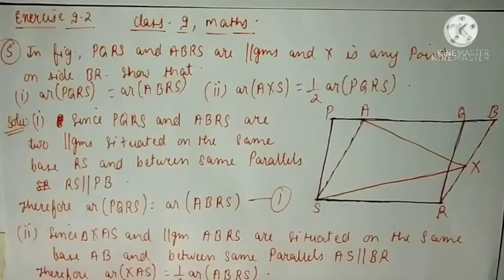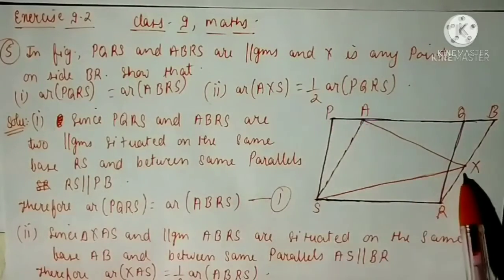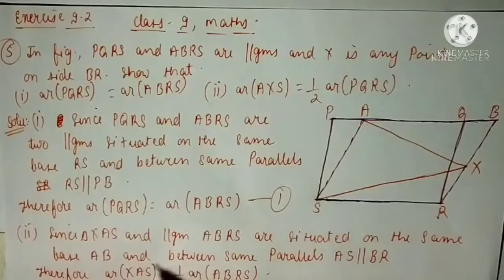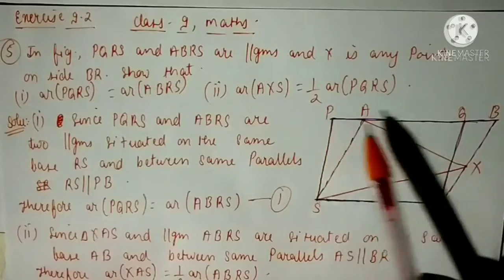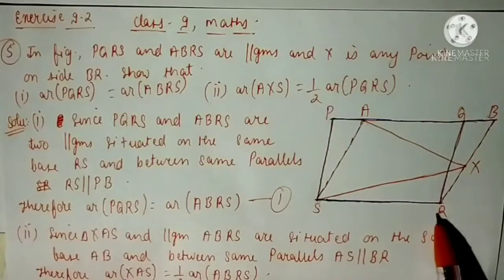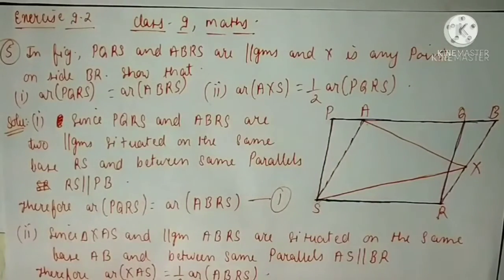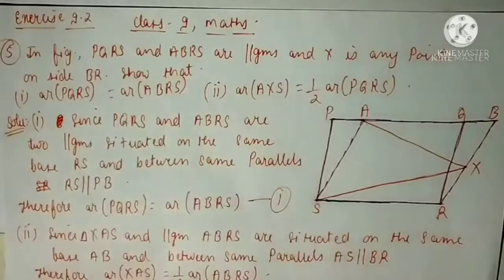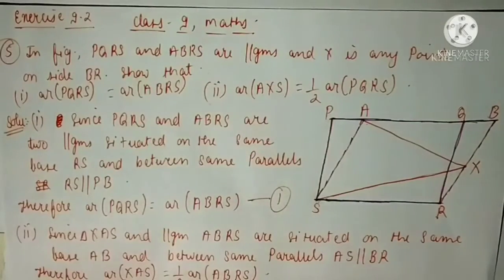ABRS. Okay. Then second one, we have to prove that the area of triangle AXS is equal to half of the area of PQRS. Okay. Now see the solution. First part, we have to prove that the area of PQRS is equal to the area of ABRS. Okay.